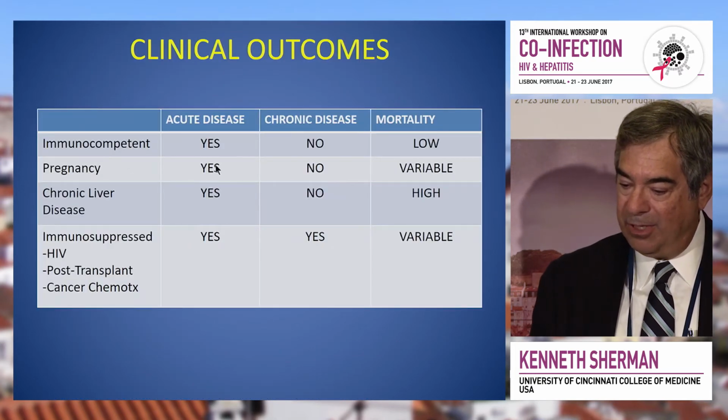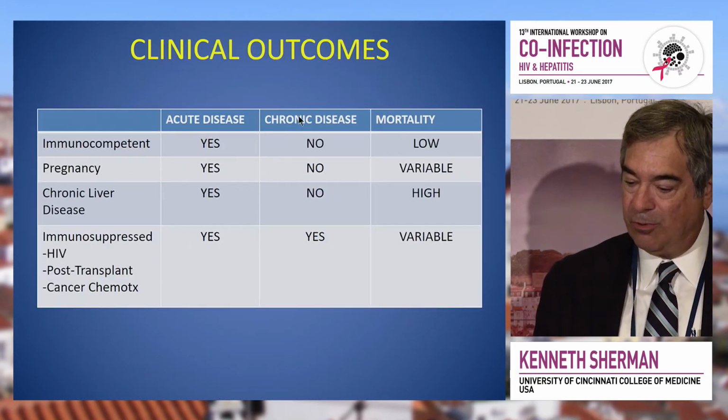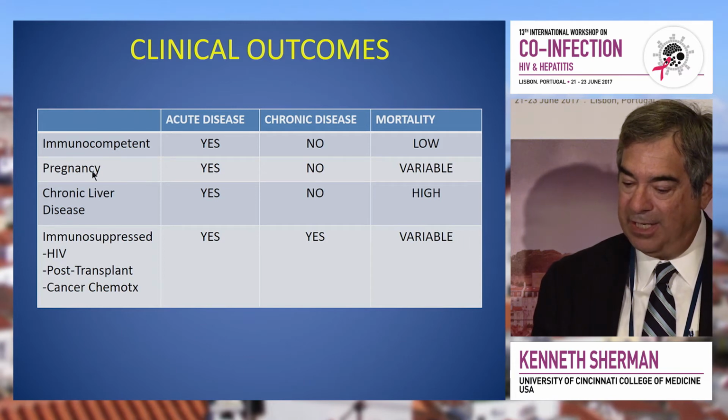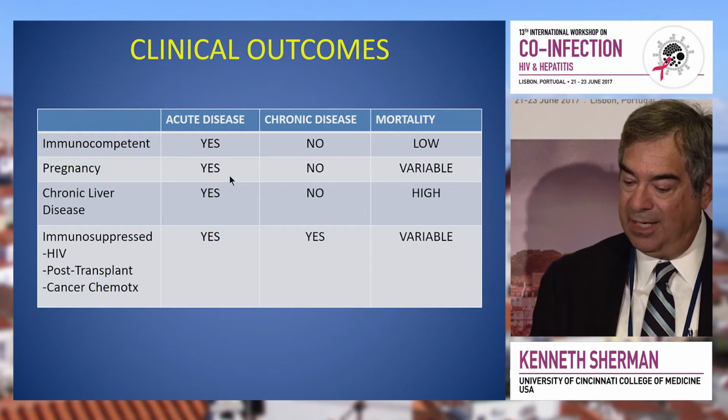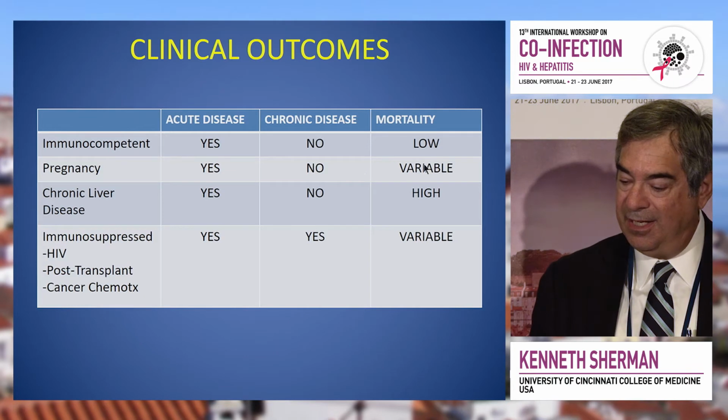So the clinical outcomes can be acute and chronic, and we have different classes of patients. Those that are immunocompetent tend to develop acute disease, but to date have not been reported to have chronic disease, and overall there's a low mortality. In pregnancy, acute disease can occur, chronic disease does not.